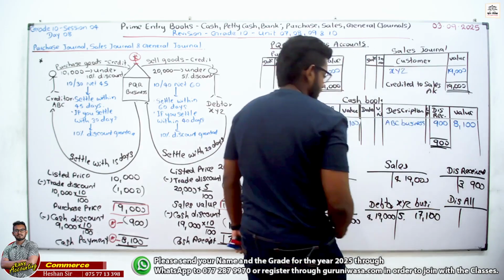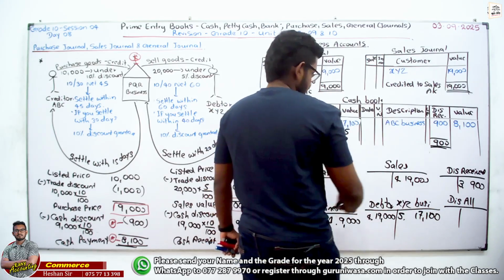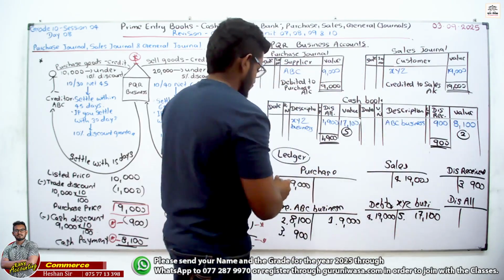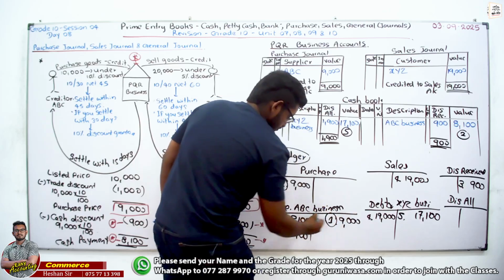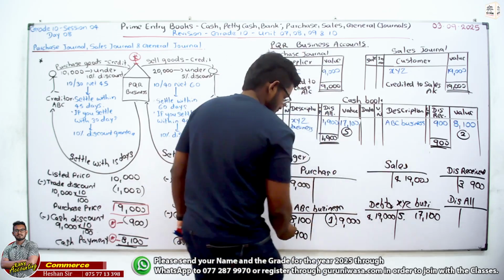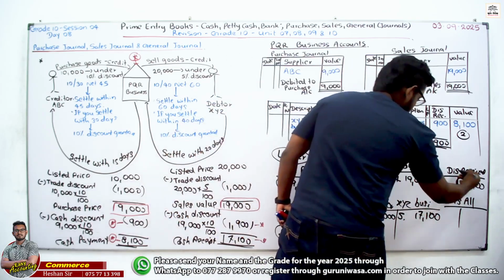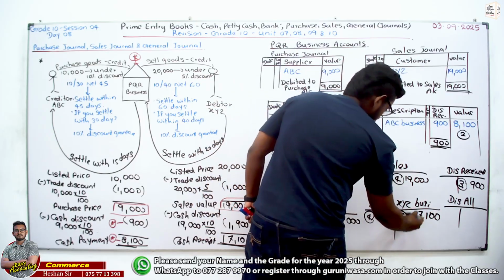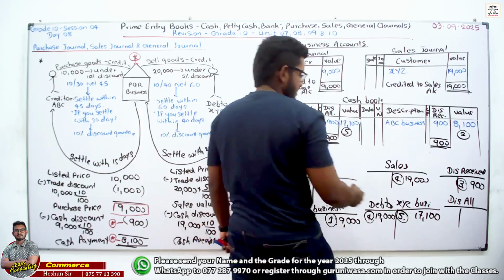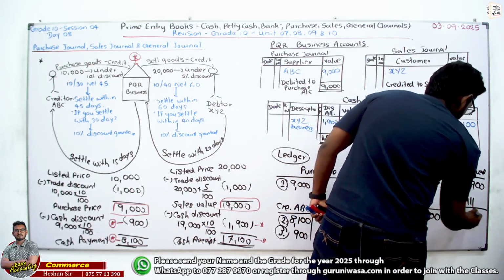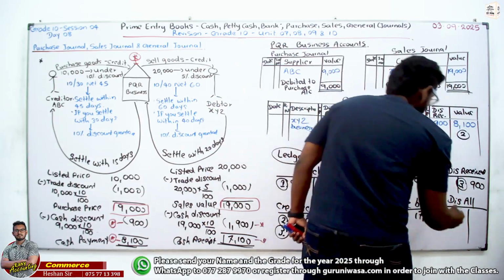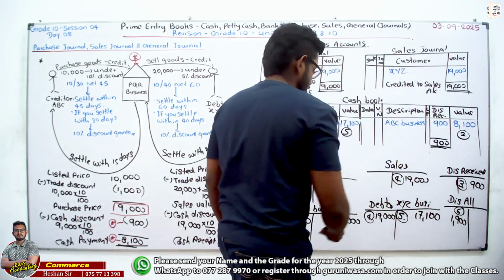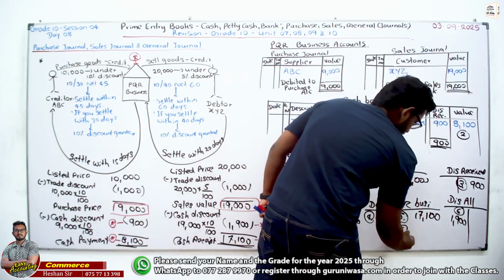This is number 5. Number 1, number 2, number 3, and the descriptions. Number 4, number 5, number 6, discount 1,900. This is debit, this is credit, 1,900.